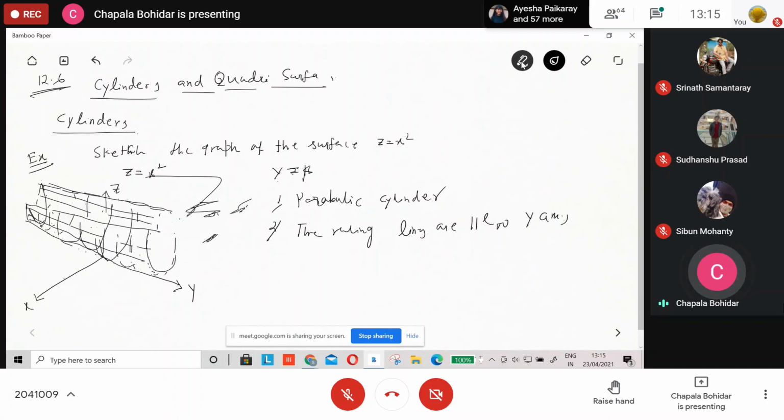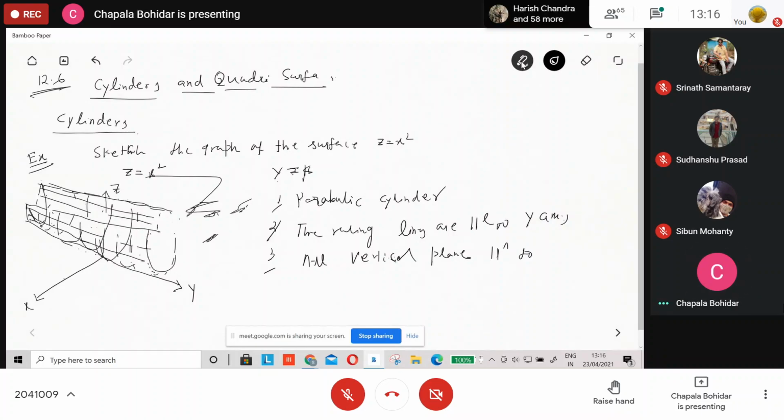And third point, all the vertical planes. It is vertical, not horizontal. Vertical planes parallel to which axis?